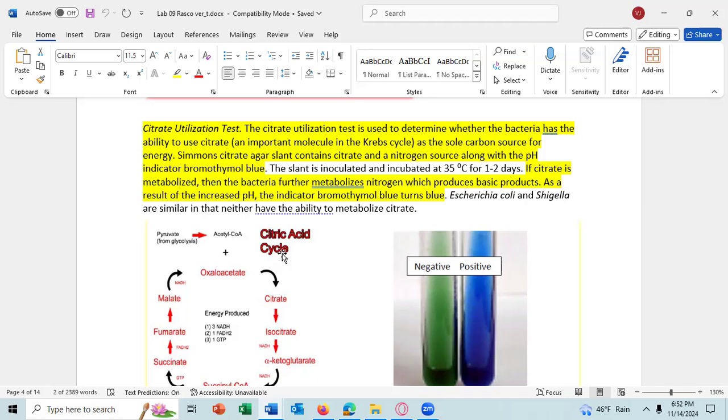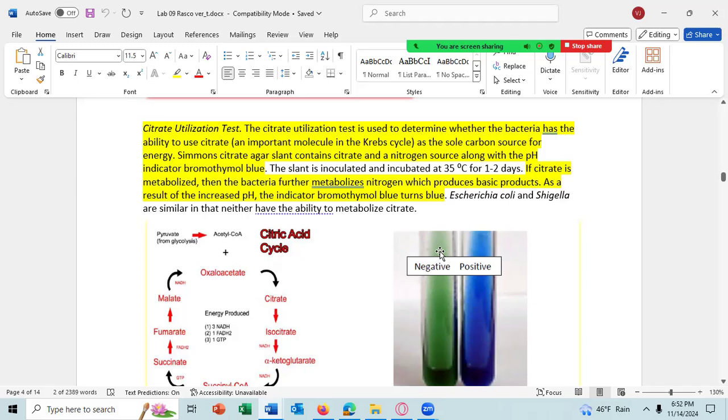If the bacteria can utilize it, then it can grow on the tube and change the color of the tube to blue. If, on the other hand, it cannot utilize citrate, the bacteria cannot grow, and it will not change the color of the tube, so the color of the tube will remain green.